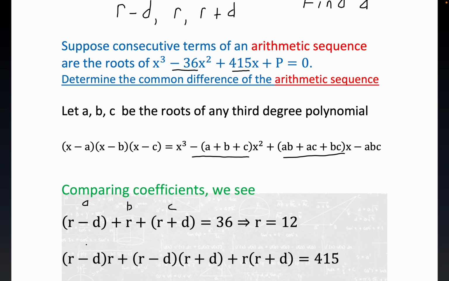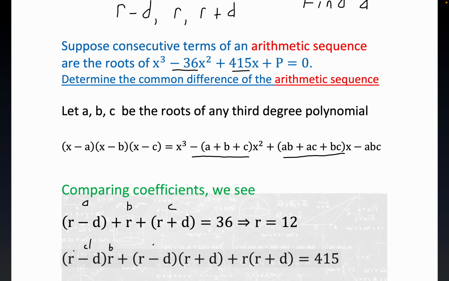R minus D would be the first one, A, and this would be B. Sorry, let me erase. Did I get this backwards?